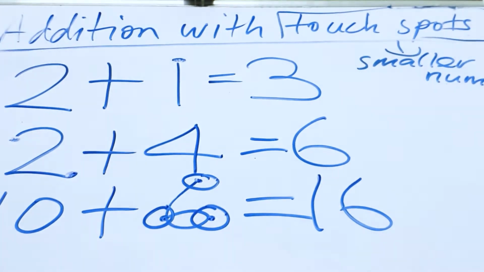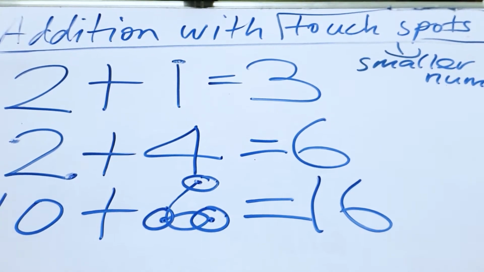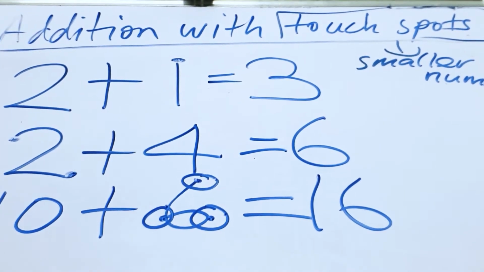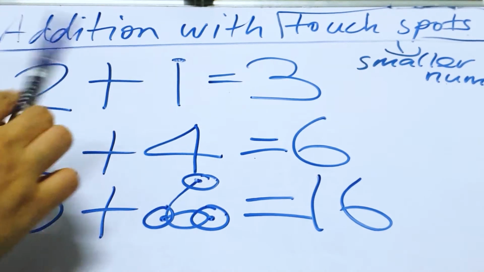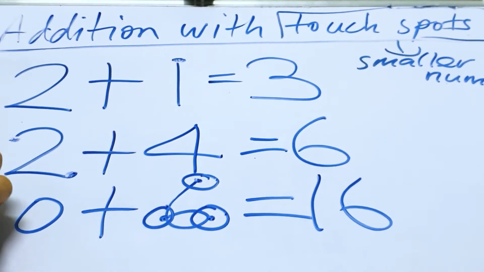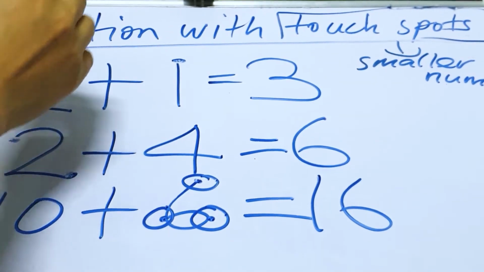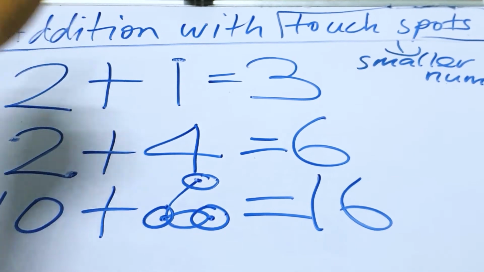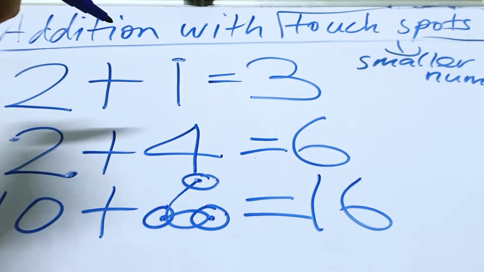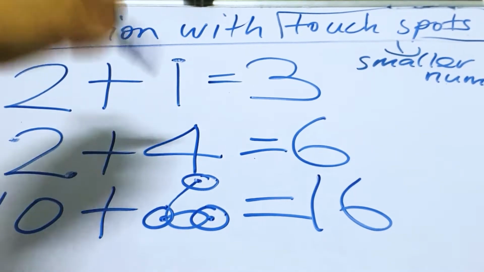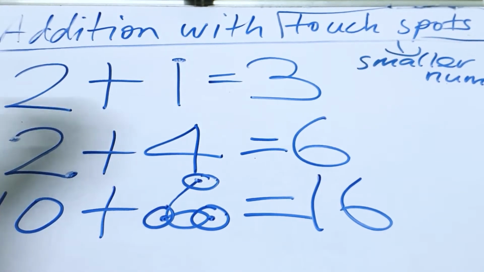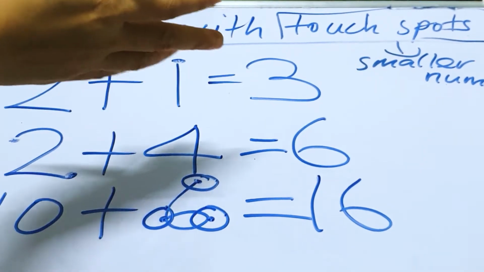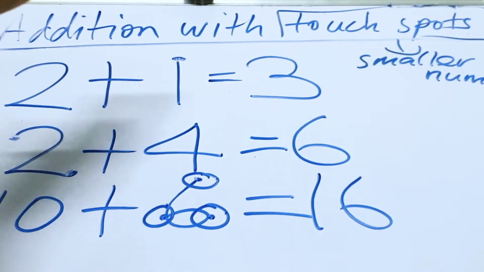You can start from the age of 2.5. Children of 2.5 can start this already if they know how to recognize numbers from 1 to 20. If they cannot, then maybe you can start at the age of 3 or 4. It's up to you.